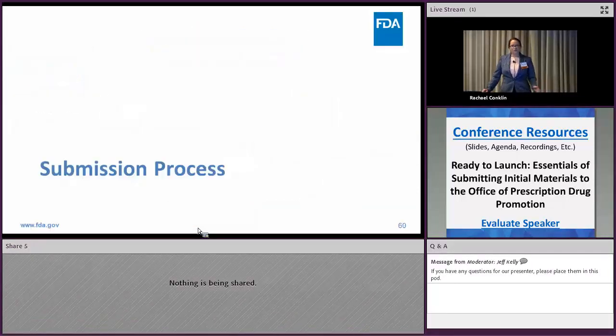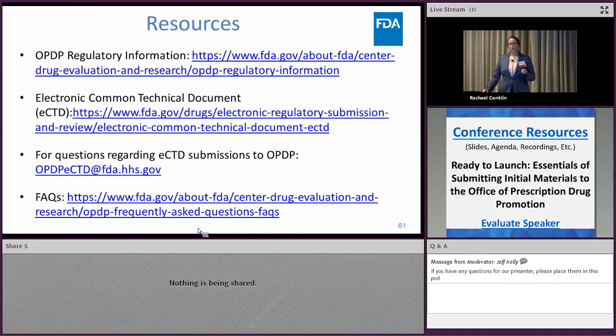Okay, so this is really moving towards the end of the presentation. Just a few notes wrapping up about the submission process. So we recognize that the submission process is not always completely clear-cut. The guidances, the regulations, all of that material is available on the OPDP website.